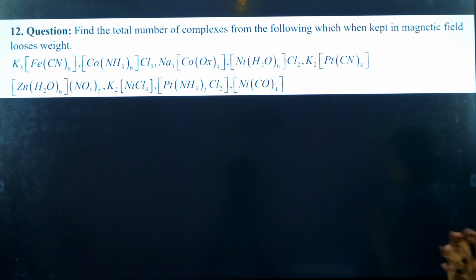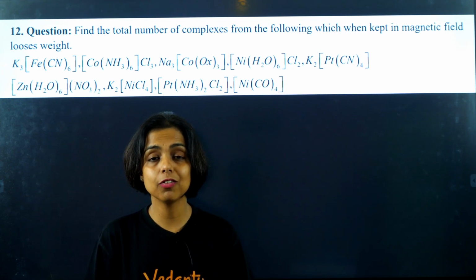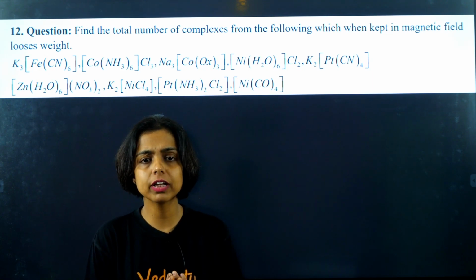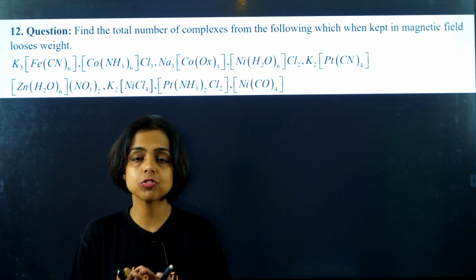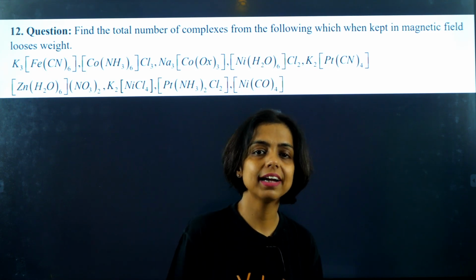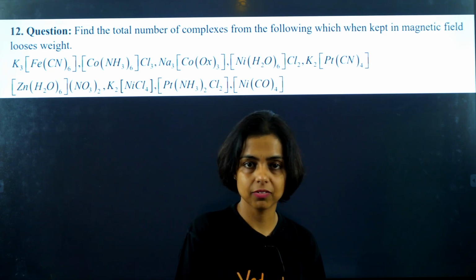So in all these complexes you have to figure out those which are diamagnetic, in which electron pairing will take place. So we have to figure out those complexes which have either all paired electrons because of the oxidation state of the central metal atom, or strong field ligands that can lead to pairing of electrons. So diamagnetic behavior, right?